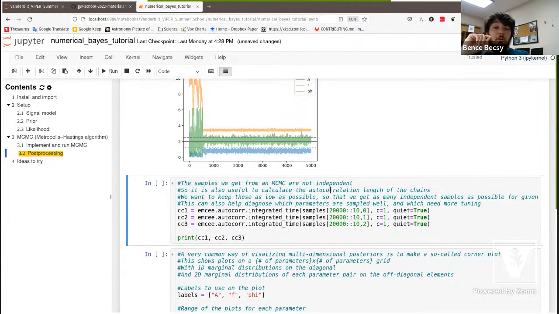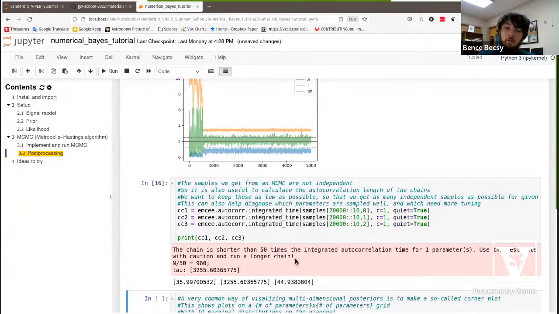So it's a good idea to calculate the integrated autocorrelation length. That will tell you how many samples actually constitute one effective independent sample. So you want these autocorrelation lengths to be as small as possible, so that for a given number of iterations, you will get more information out.